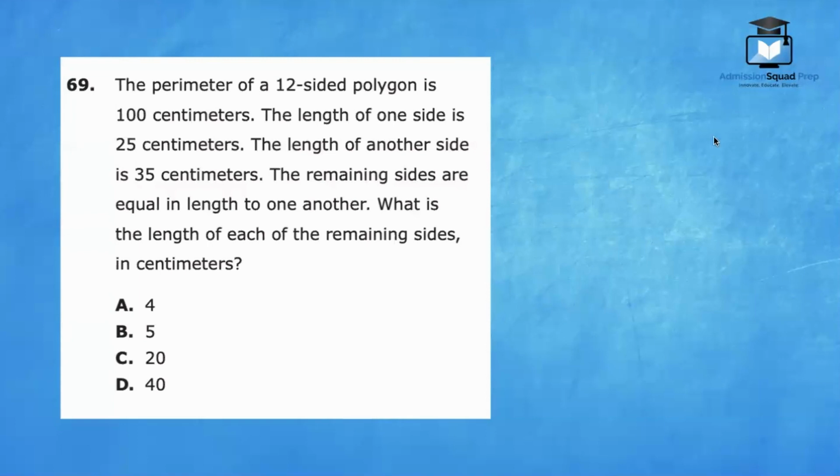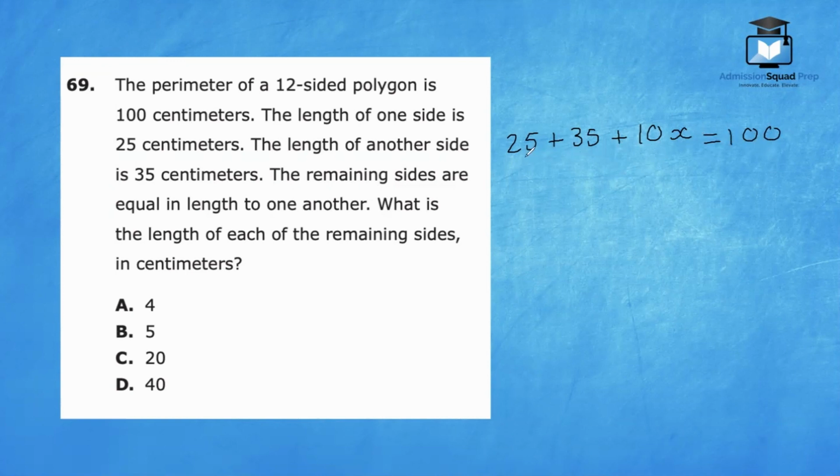This polygon has a total perimeter of 100 centimeters, so that is our total. We also know that one side is 25 centimeters and another side is 35 centimeters. Finally, we have 10 remaining sides that all have the same length. So our equation is 25 plus 35 plus 10 times the length of the remaining sides equals a total of 100.